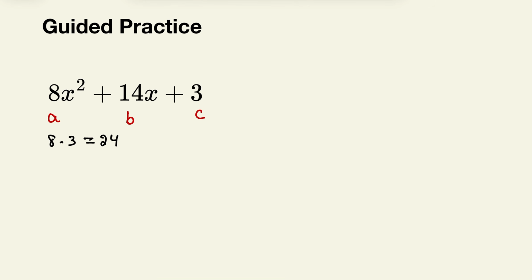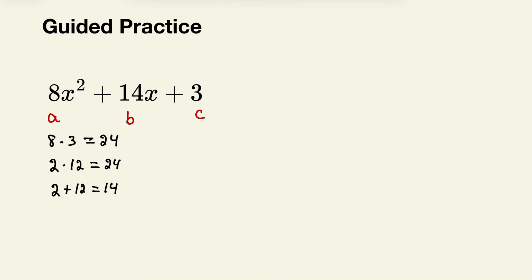Now, for the next step, you're going to look for two numbers that multiply to give you 24 and add to give you 14. And those two numbers are 2 and 12. All right, so 2 times 12 equals 24, and 2 plus 12 equals 14. All right, so now what's the next thing to do?